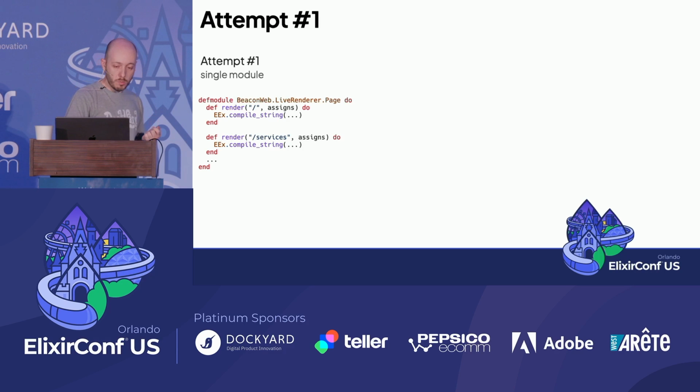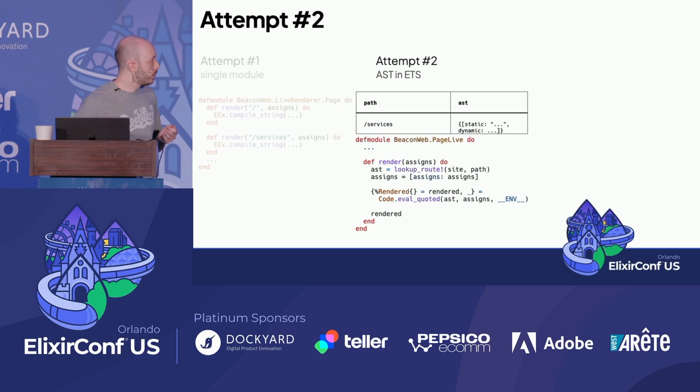And that module had like thousands of lines. So it was demanding too much memory to compile. So every time you had to start the application or publish a change, it was a problem. So it was not scaling very well. So the second design was, okay, let's break it down into smaller pieces and avoid the compilation.